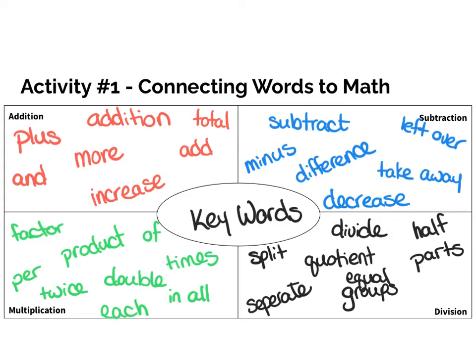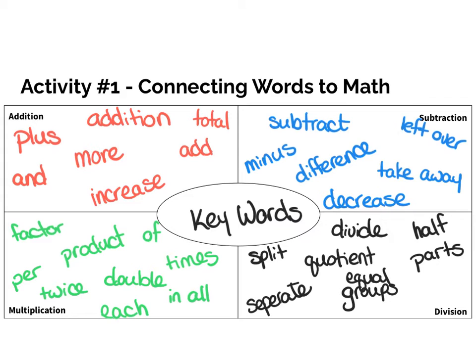Okay, so then we looked at different words that we could connect with math that might mean addition, subtraction, multiplication, and division. So some of the words we came up with for addition were plus, more, addition. If something's increasing, it means we're adding to it. If they ask you for the total or they actually tell you to add, those words all mean addition.